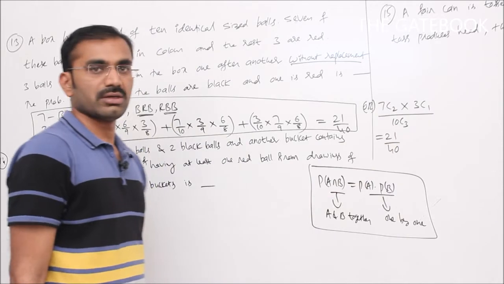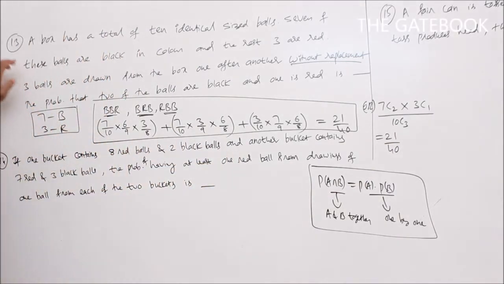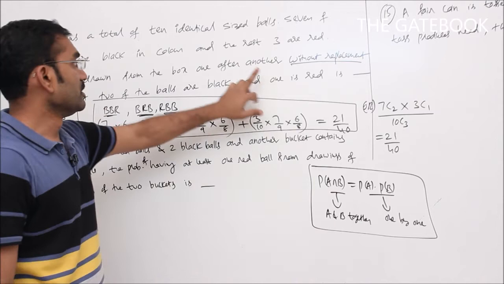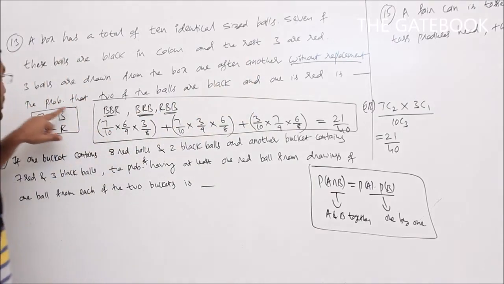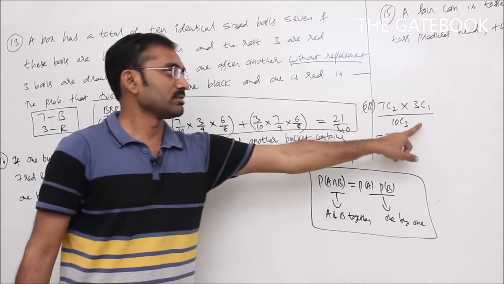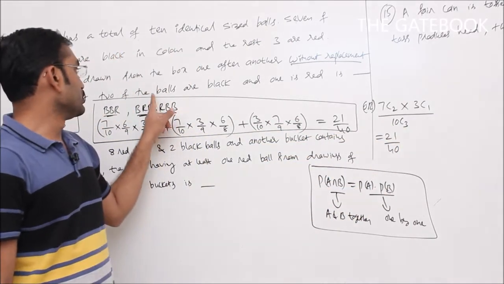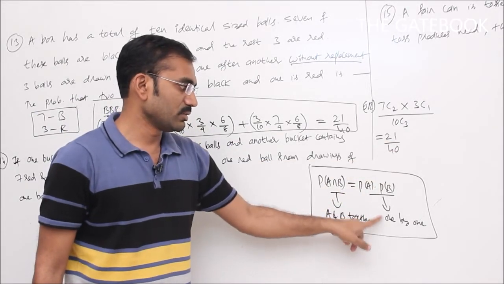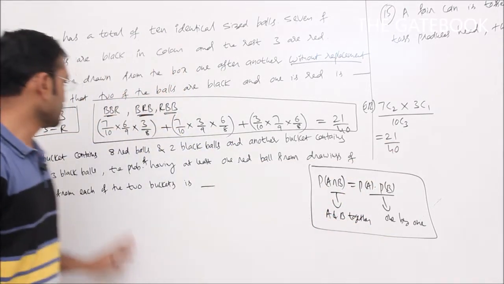These are together. Since here events are independent, drawing black ball and drawing red ball are independent, I can apply here A and B together. Together means here drawing two black balls and one red ball together is equal to 1 by 1. 1 by 1 means this one.